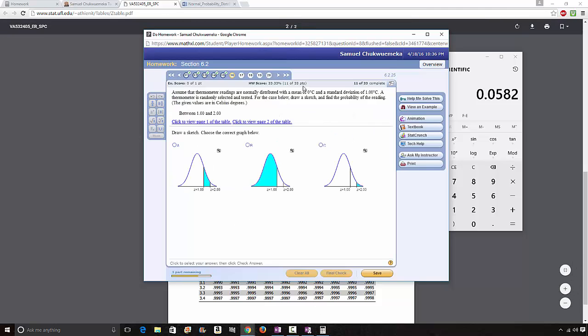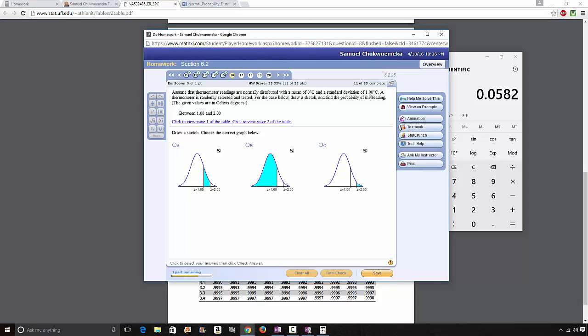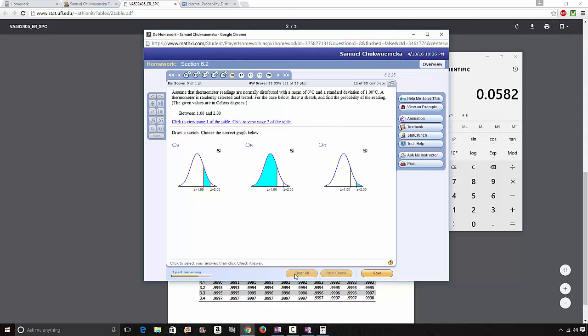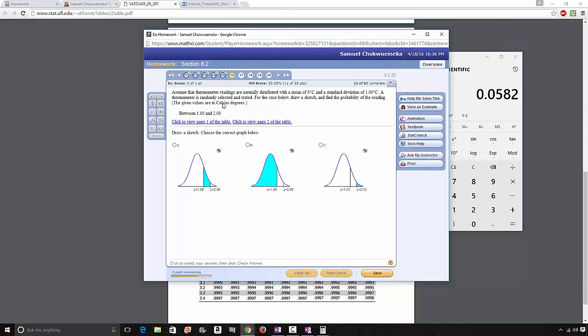Question 16. Mean of 0, standard deviation of 1. Anytime we say this, we are good. Find the probability of the reading between 1 and 2.